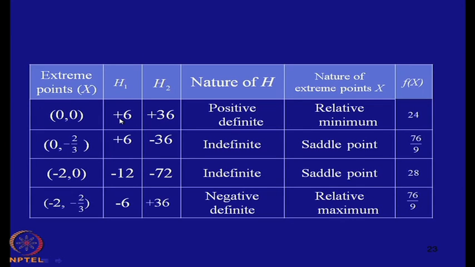The first principal minor is positive and the second principal minor is positive, so the Hessian matrix is positive definite. We conclude that (0, 0) is a relative minimum, and the corresponding functional value is 24.